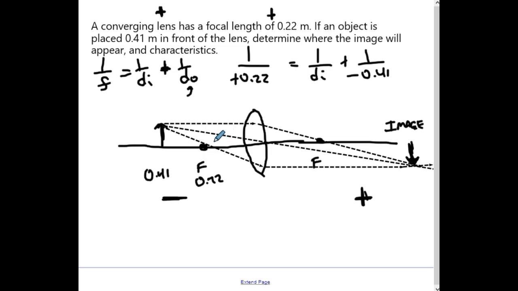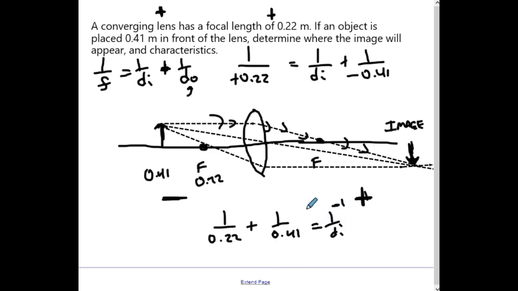I can't really think of an example as to why the object would not be on the opposite side, right? Because we always want rays to be going through our lens. So therefore, the object needs to be on the side where rays can go through a lens. So anyways, from here, we just need to solve for DI. So it's going to look something like this. 1 over 0.22, if I add 1 over 0.41, it'll equal 1 over DI.